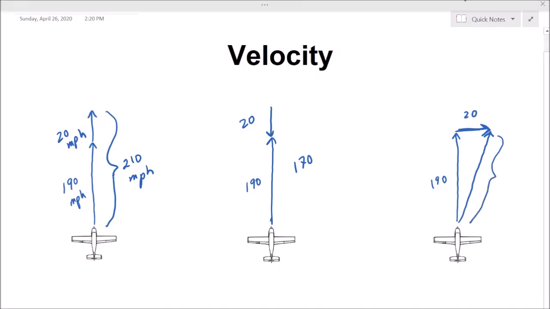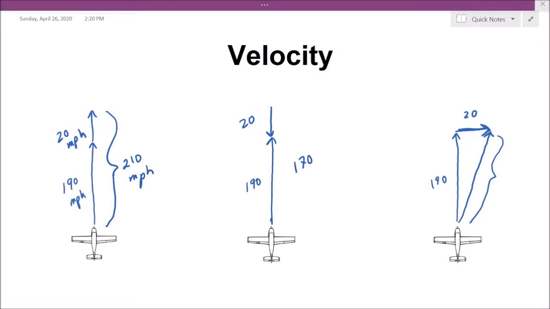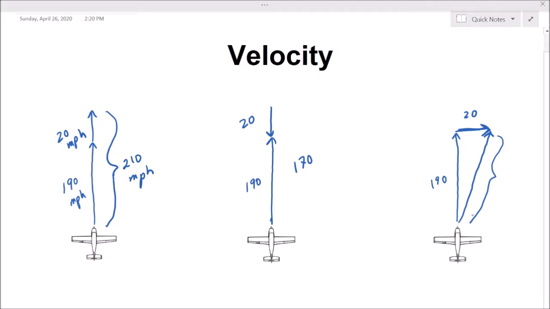But notice how it would sort of veer off to the side. And that would be called a crosswind. Also notice that the magnitude, the length of that vector, would be a little bit longer than 190, right? So this crosswind might cause the airplane to go a little bit faster in terms of total speed, as in terms of magnitude, but it would still be going a little bit off to the side.